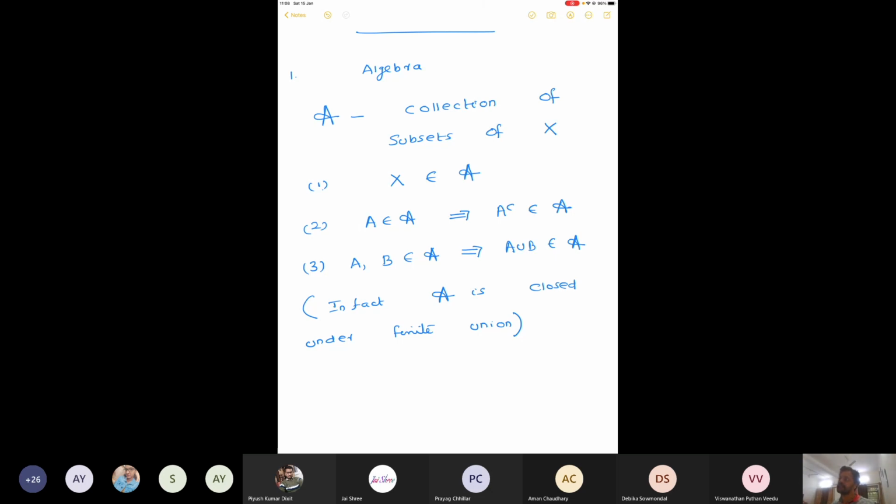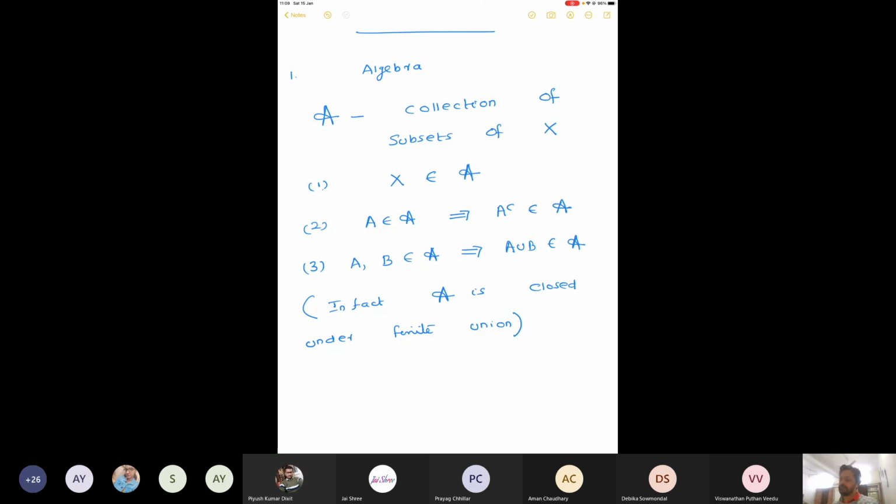You can easily construct examples of algebra which is not sigma algebra. In fact, the third problem gives you one concrete example. So we will not spend time on it. When we come to the third problem, you will get a concrete example of an algebra which is not a sigma algebra.